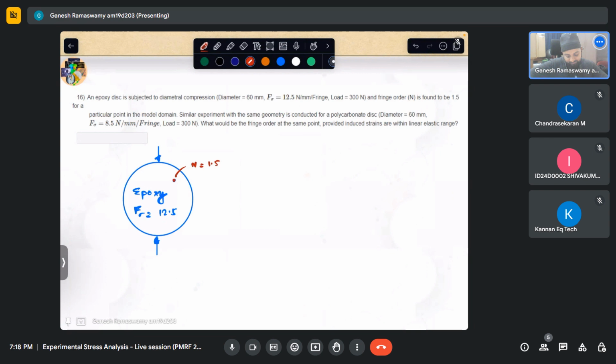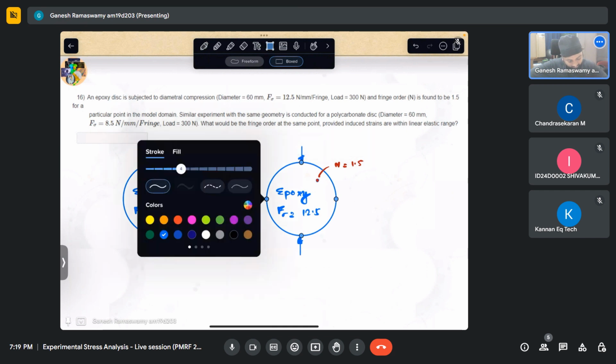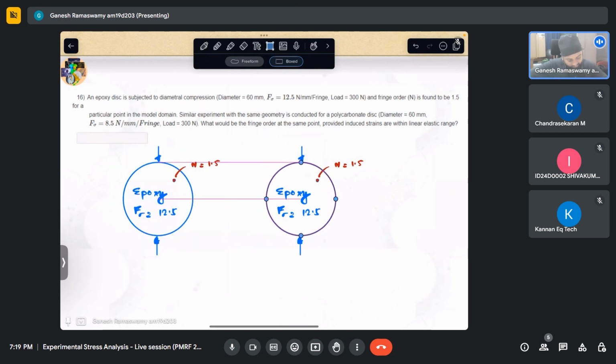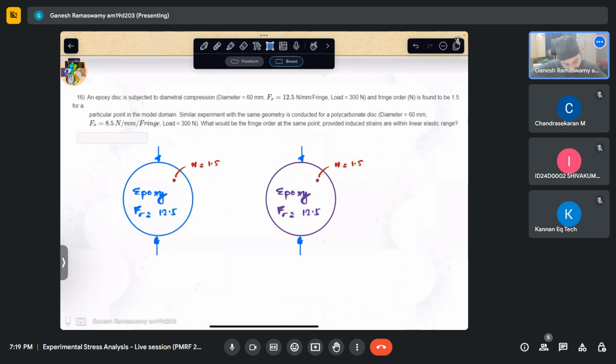A similar experiment with the same geometry is conducted on a polycarbonate disc. So here, this is polycarbonate, which has an F sigma of 8.5. What would be the fringe order? What is this value N?